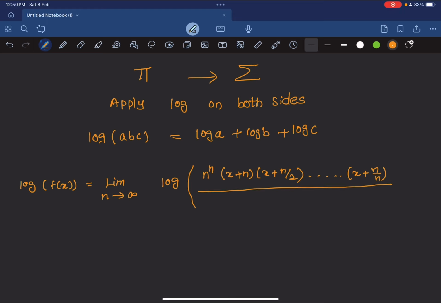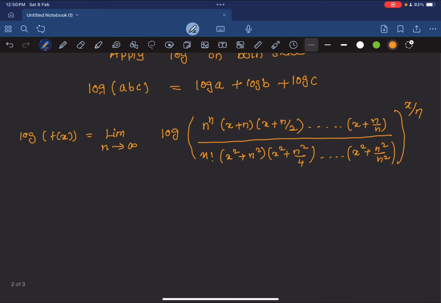And in the denominator you have n factorial, and it is x square plus n square, x square plus n square by 4, and so on, x square plus n square upon n square, whole power x by n.